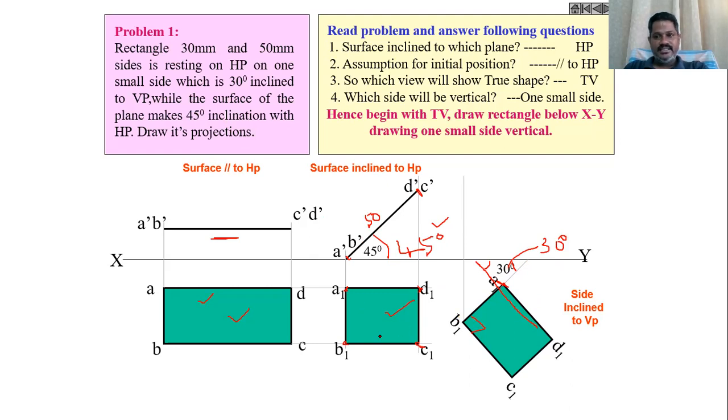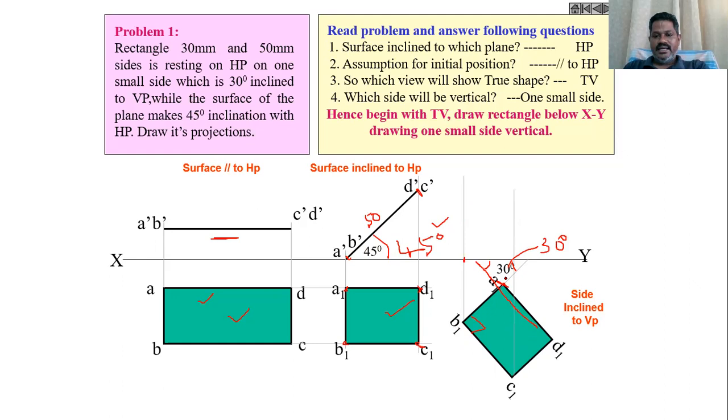I have constructed the same shape here by taking the same dimensions in the compass, then project all these points to get the front view. In this case also, with this condition also, B1 I am projecting to get the front view, then project here, we will get one point here.